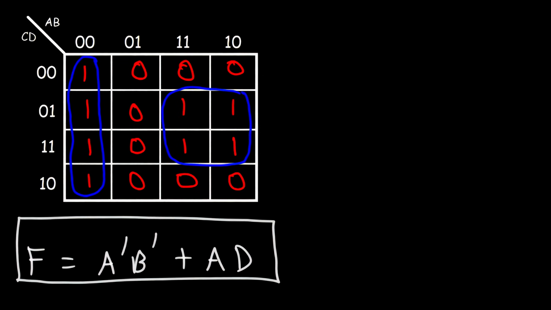It's A prime B prime plus AD. So now you know how to take the information from a 4-variable K-map and turn it into a function.